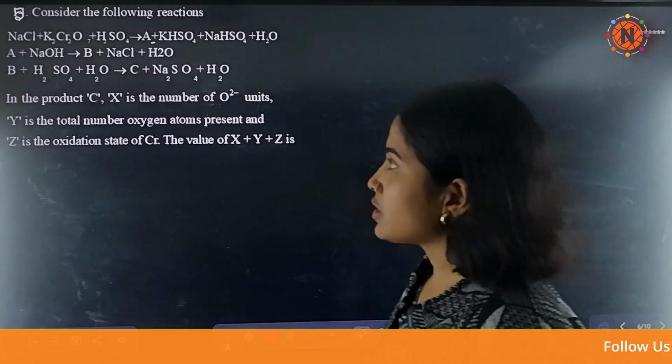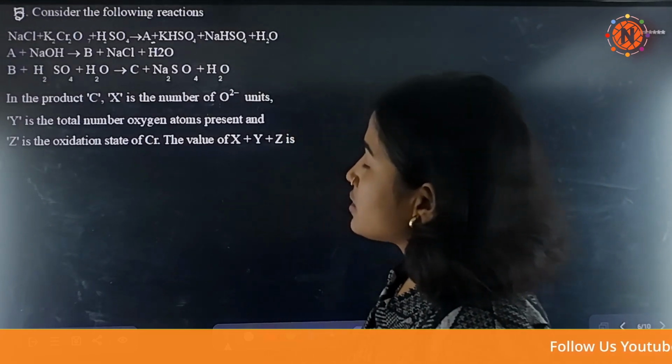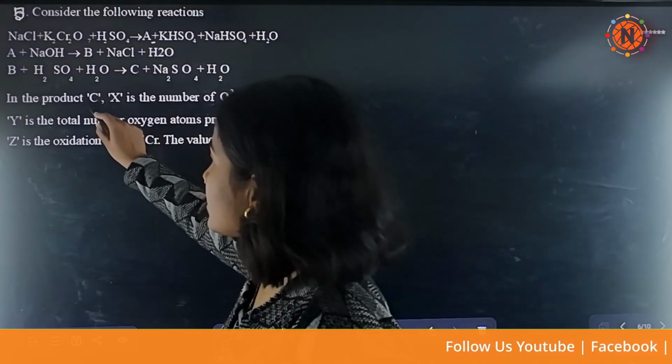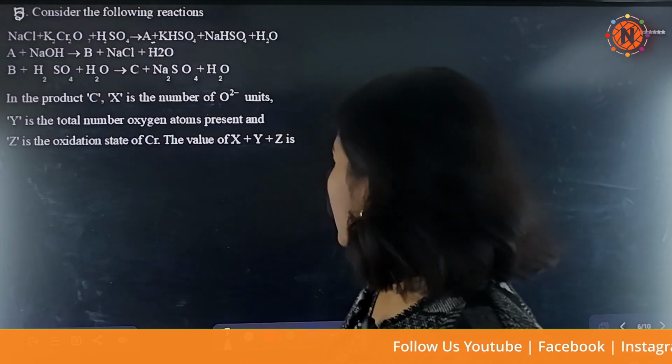The next question considers a reaction that gives a product C at the final step.